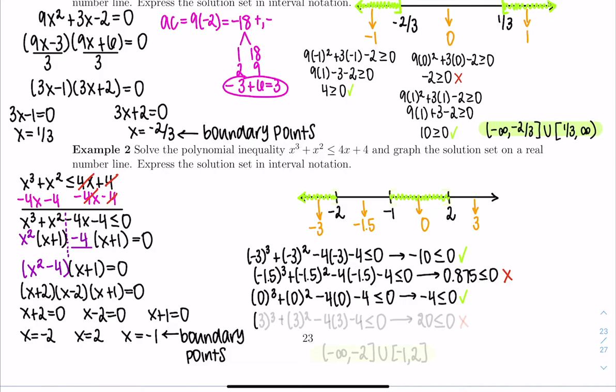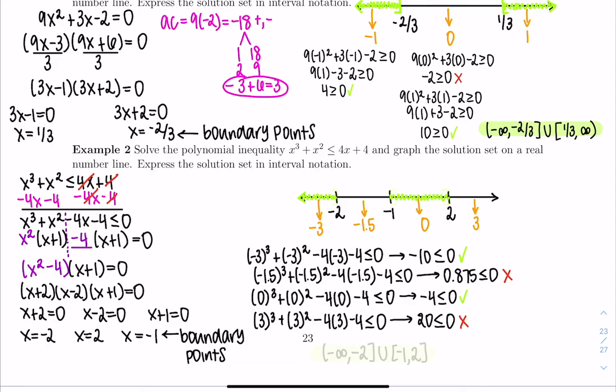And the last test point, we got 3 cubed plus 3 squared minus 4 times 3 minus 4. And that simplifies to be 20, which is not less than or equal to 0, and so we will not shade in that spot. So again, we have that equal to part on the inequality.